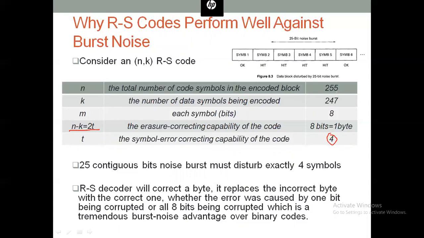So n minus k, 255 minus 247, is 8. So there is a difference of 8 symbols. So we can correct half of the symbol errors. So it is possible to correct with the help of RS codes when we have a burst of errors.